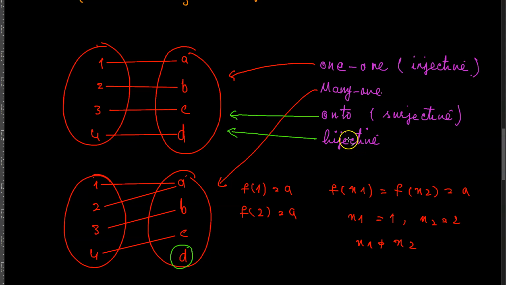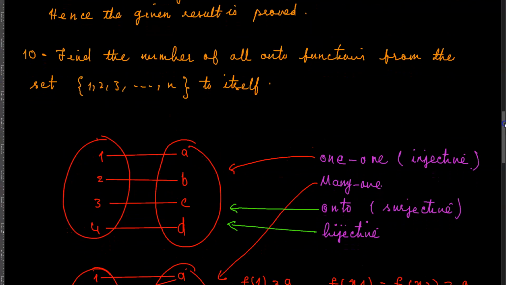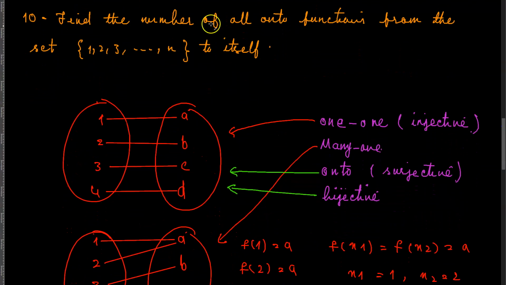So now the question that we were supposed to answer here is that we wanted to find the number of all onto functions, which is this type of function where none of the elements in the codomain has been left alone, and all of the elements are the image of some element in the domain of the function, right? So you want to find the number of all onto functions from this set to itself.